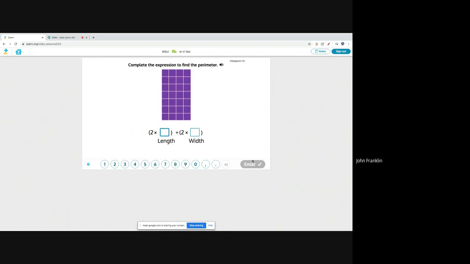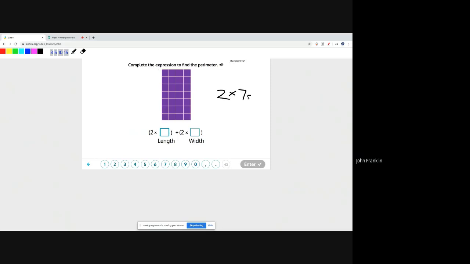Complete the expression to find the perimeter. 2 times length plus 2 times width. All right, again, if we're looking at this from our standpoint, we thought our length, so 2 times the length, which we determined to be 7, is 14. 2 times the width, which we determined to be 4.